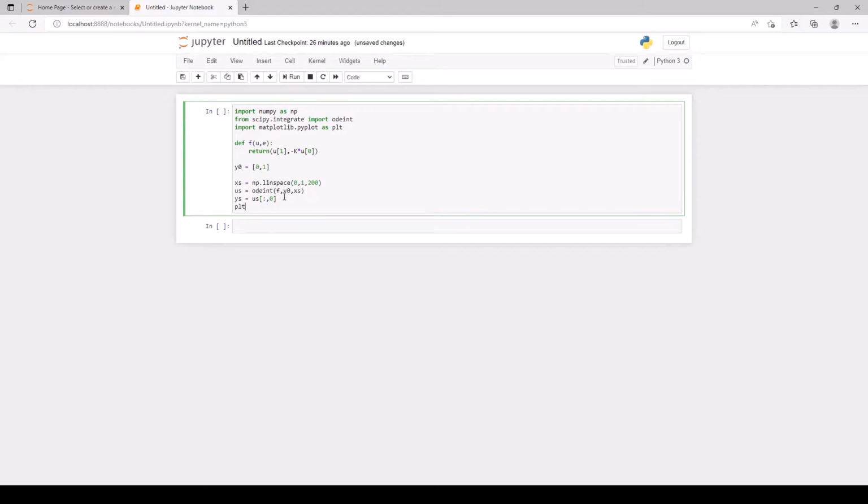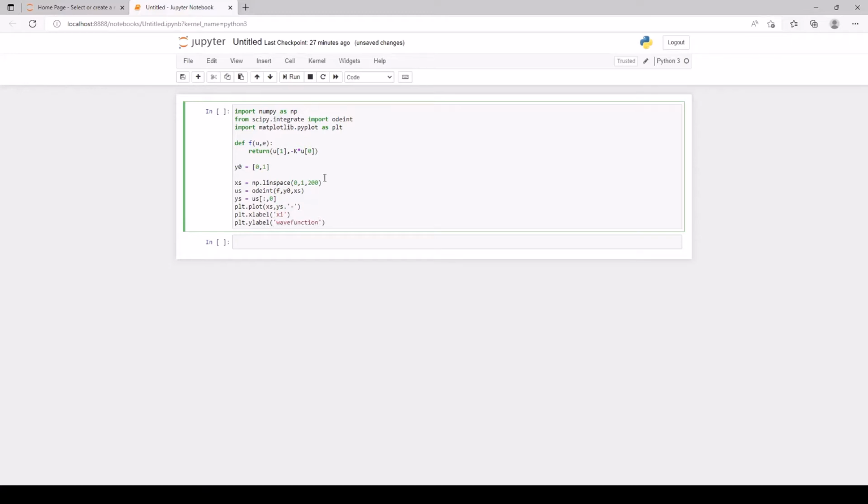So plot xs, ys as a line. Plot x label, and I call this chi, and then plot y label, wave function. And then let's plot show.